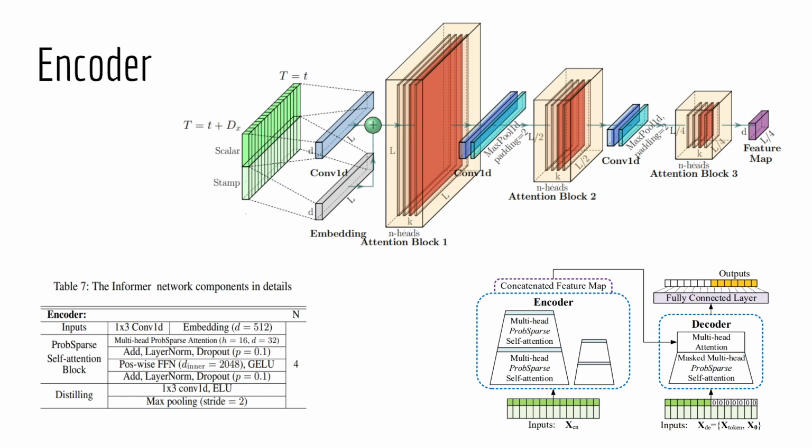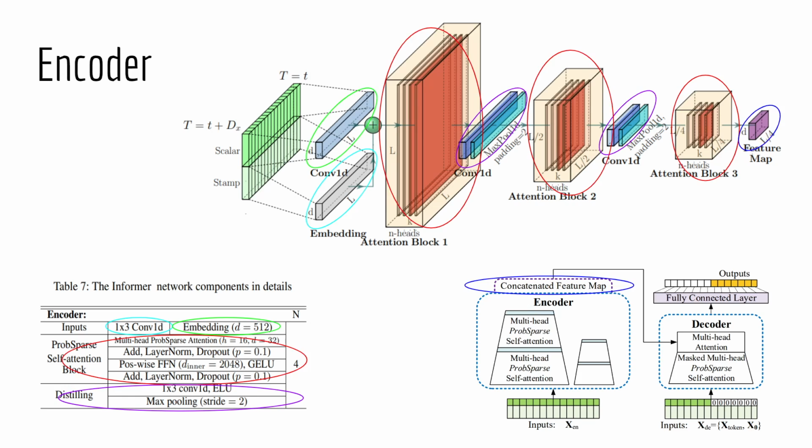Here is a block diagram of the encoder block, as well as the components of the block in detail. Here, I have circled the parts of the model that correspond to the details and the original block diagram. As you can see, it takes the input string and concatenates it with a 1D convolution.